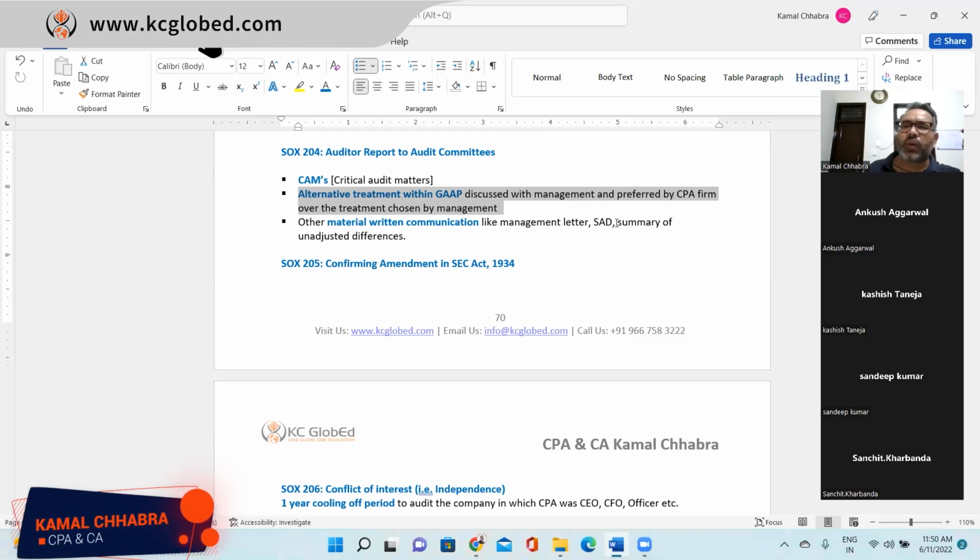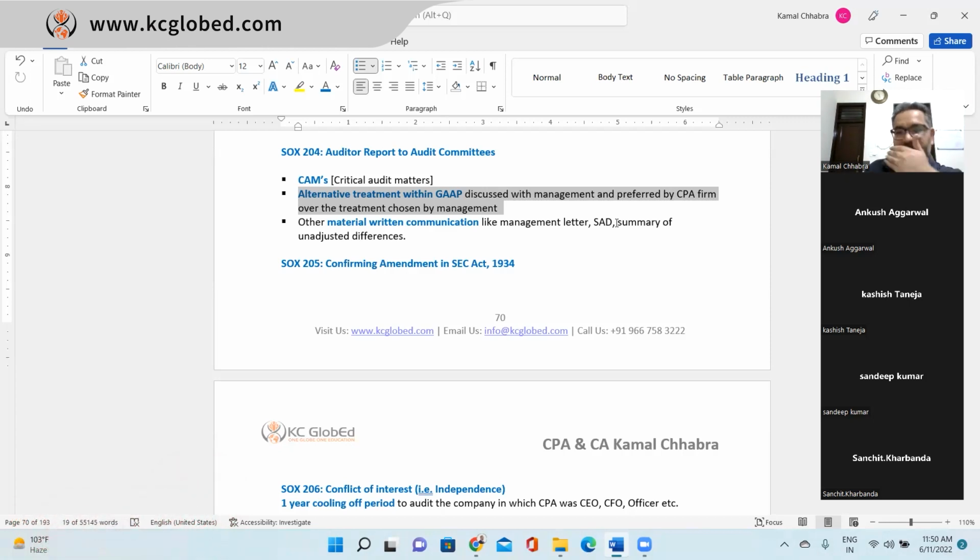Sometimes students get confused between the management letter and the management representation letter. What is a management representation letter? Basically, the auditor takes from management a declaration that all the information has been provided and it is correct.